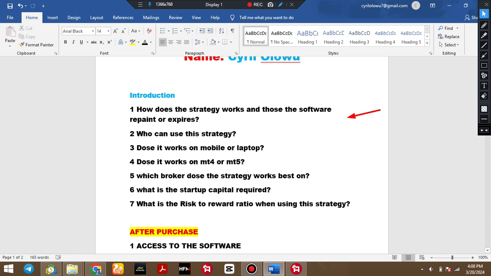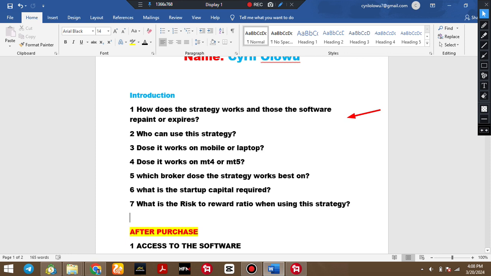The main thing is put the setup in your VPS if you're using a phone. Even if you have a laptop, you still need a VPS so that when you are out, probably just moving around, you can't be carrying your laptop all the time. So with your mobile phone, you'll be able to get it. It's not necessary that you have a laptop before you'll be able to leverage on these things. It works on every broker.